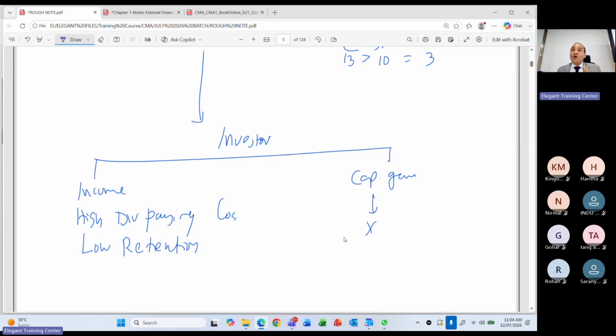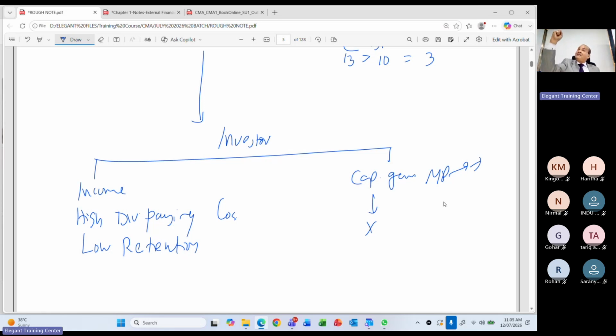Growing companies can bring you capital gain, when the market price goes up. Whatever profit is earned, something is paid and something is retained. What is paid is called payout, and what is kept is retention.